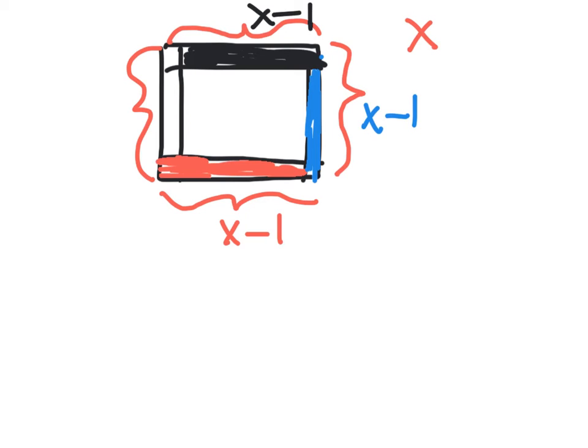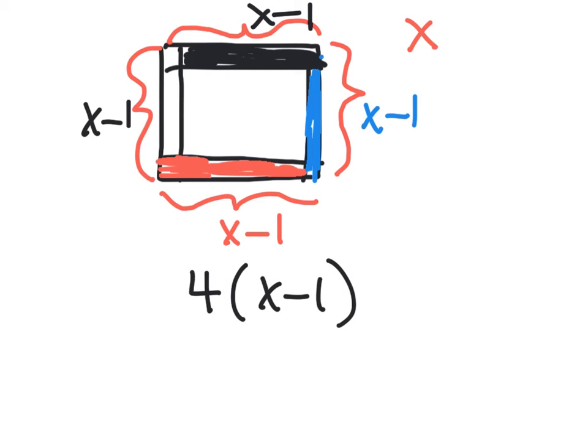And then for the side that's unshaded, they're also taking away 1. So each side is x minus 1, and then you can add those up, or to make it even faster, you could just multiply. You can go 4 times x minus 1.